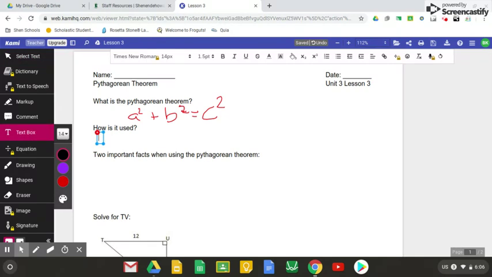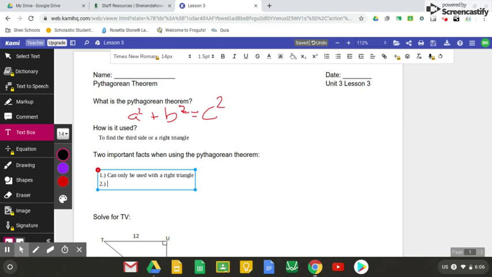All right, so Pythagorean theorem, a squared plus b squared equals c squared. How's it used? To find the third side of a right triangle. So if you've got two sides in a right triangle, you need to find the third. Two important facts. Fact number one is this can only be used with a right triangle.